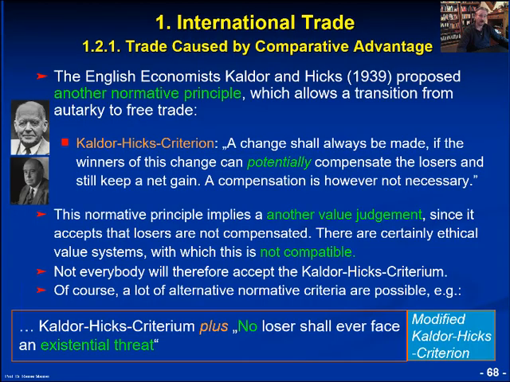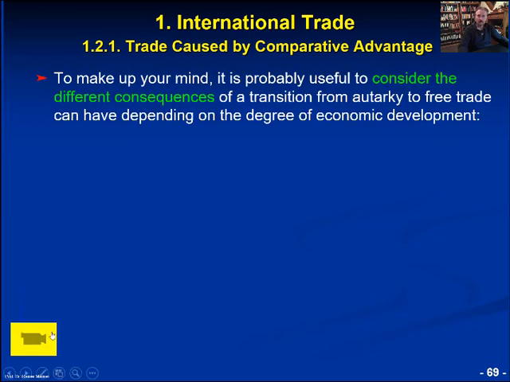You have to find out what normative value judgment fits best to your personal value system. To make up your mind, it is probably useful to consider the different consequences of a transition from autarky to free trade depending on the degree of economic development.